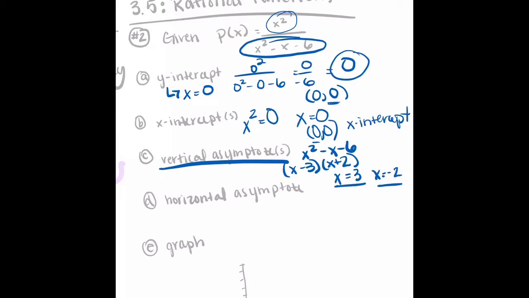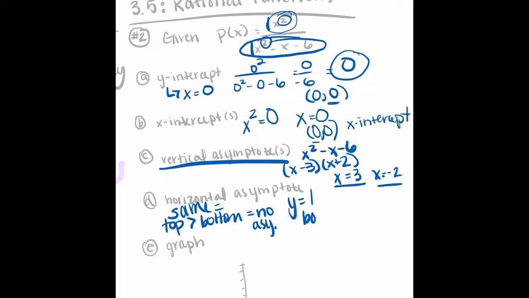And then for our horizontal asymptote, you're looking at the power of the top and the bottom. Here we see that they are the same. So then our asymptote, when they're the same, equals whatever their coefficient is. So here we can assume it's 1. So our horizontal asymptote is at y equals 1. Now when the top is bigger than the bottom, there is no asymptote.